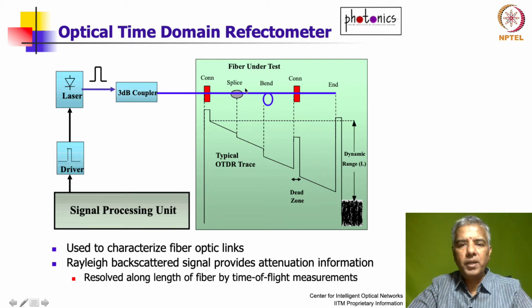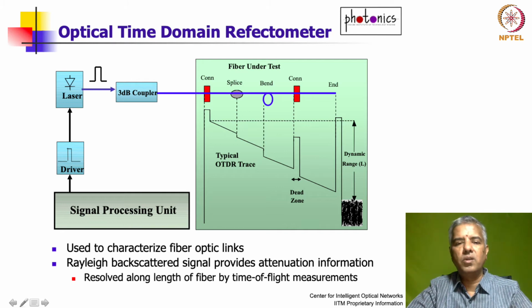And of course, whenever there is a splice or a bend or whatever, at that point you're losing further light, so you will have a sudden change in the level, and on the other side once again you have this Rayleigh scattering happening, so you have this attenuation, and then further down you have even more loss and so on. And here at this connector you have a back reflection, a Fresnel reflection, so that's why you see a pulse, and then further down it goes down like this, and finally it reaches the noise floor, so you're not going to be able to see any signal once it gets to the noise floor.